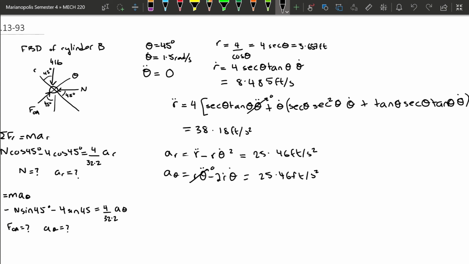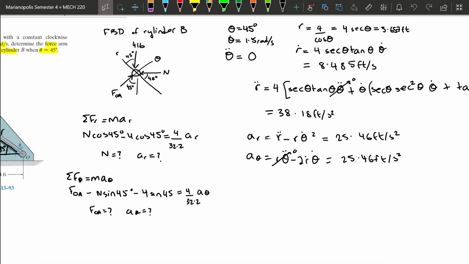So same thing. Now since I have A_r and A theta, I can plug these into my equation. Just to show you what they look like, I have A_r going outward here, and A theta going tangentially over here, right?